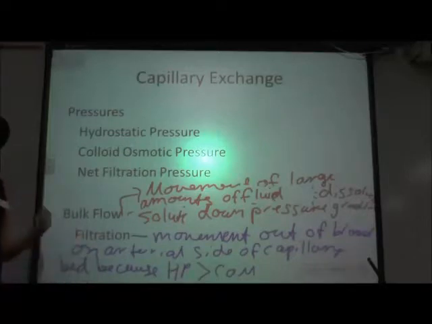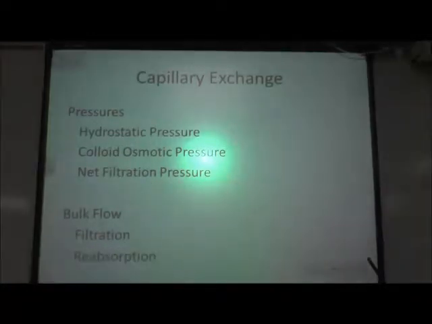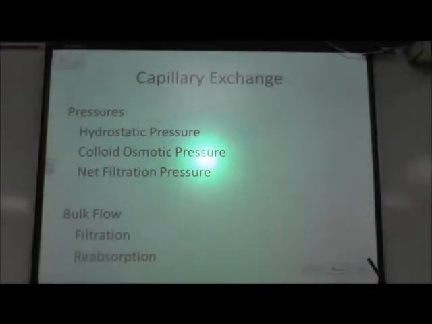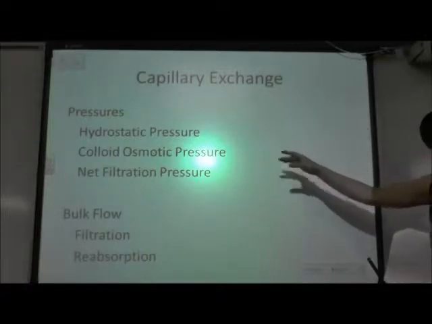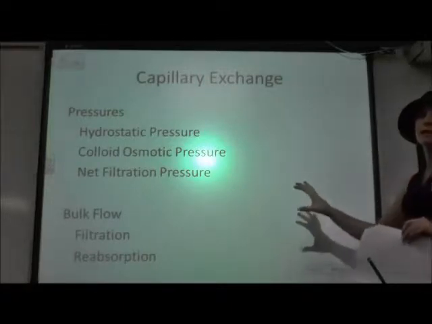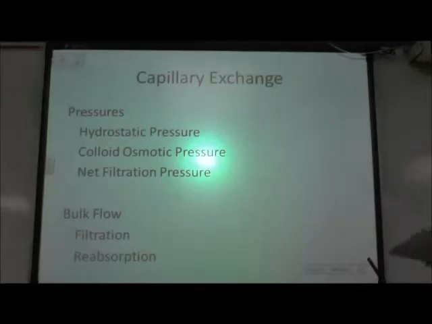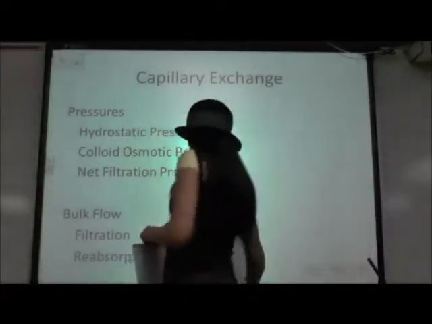That's what causes filtration. The next type of bulk flow that we have is reabsorption. And reabsorption is the movement of fluid out of the tissues and back into the blood, because colloid osmotic pressure on the venule side is higher than hydrostatic pressure. So we'll have a net movement of fluid back into the blood.